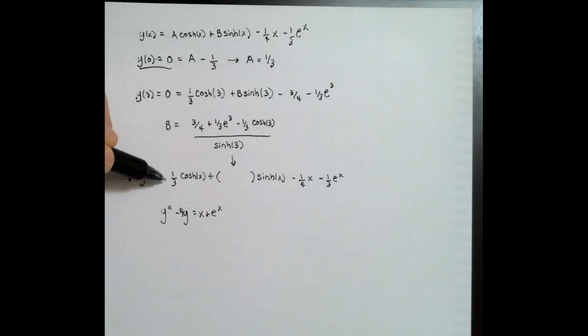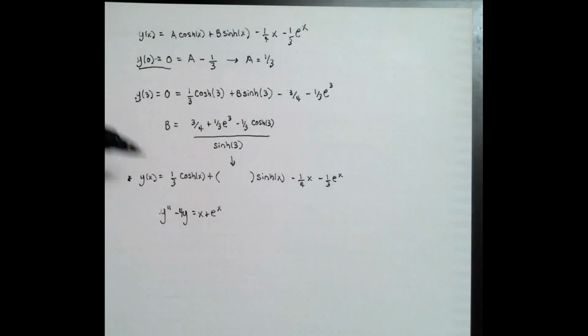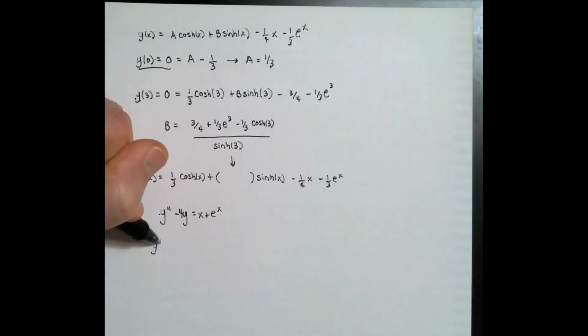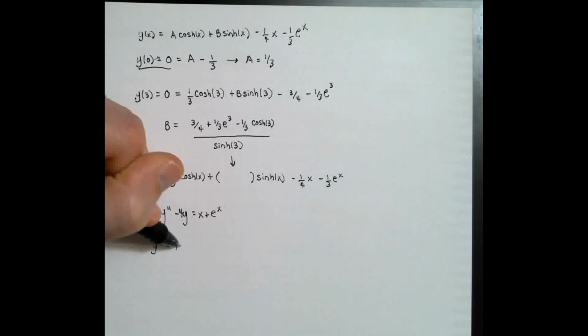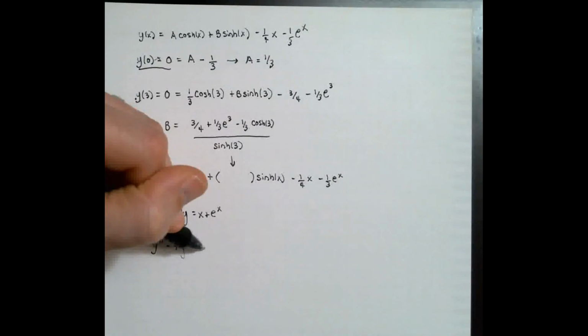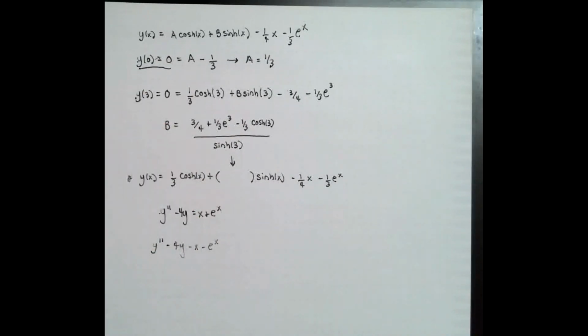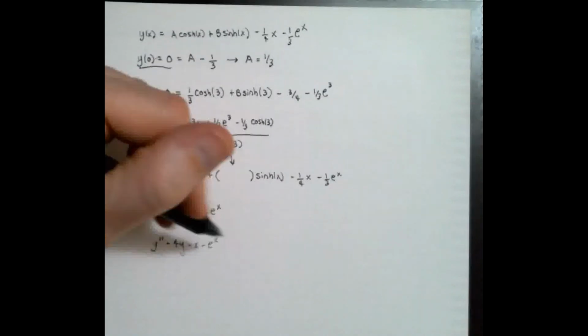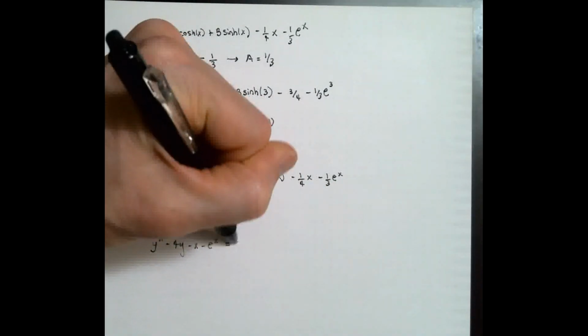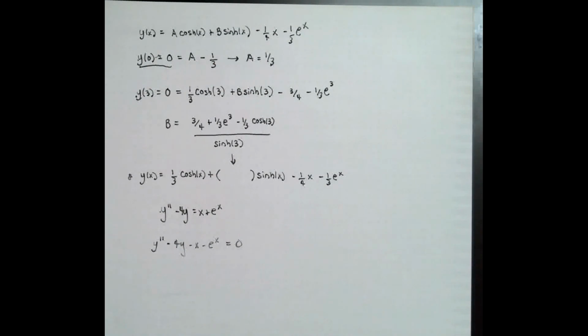And if your graphing calculator can take a derivative, which TI-89s and Inspires, as well as Desmos, can do very easily, and as well as Sage, I could graph y double prime minus 4y minus x minus e to the x. And if y is truly a solution, then if I were to graph this, well, it'd be graphing just the function y equal to 0. So that could be maybe a graphical solution or a graphical check to your solution.